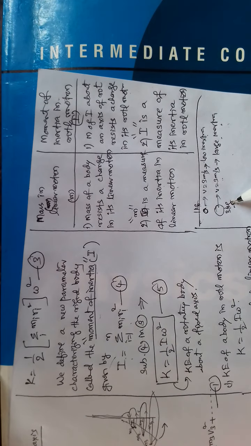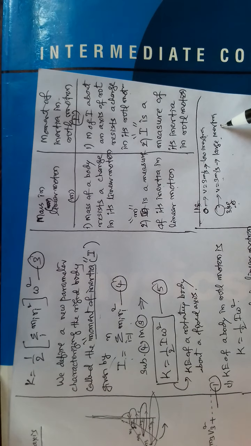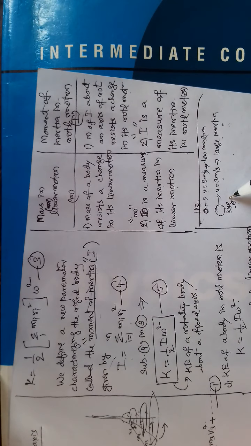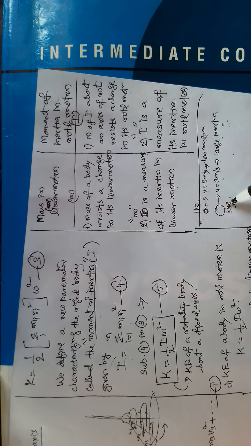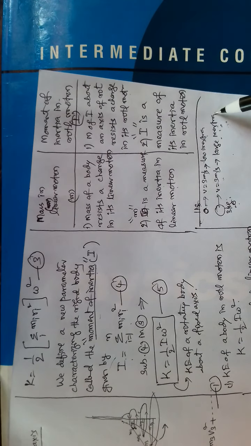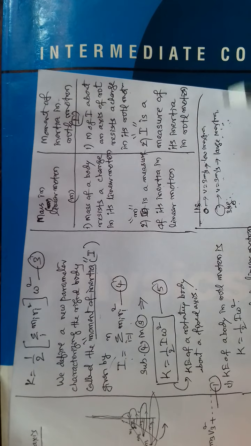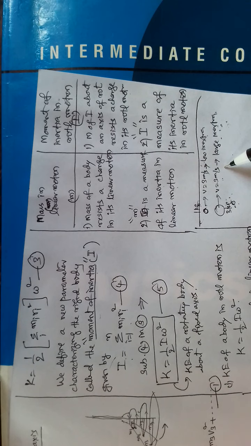But here this is having large mass, it is having large inertia, therefore it is very much unwilling to come to rest. Therefore it takes more time to come to rest. Before it comes to rest, it travels a large distance. Similarly, this is in linear motion.